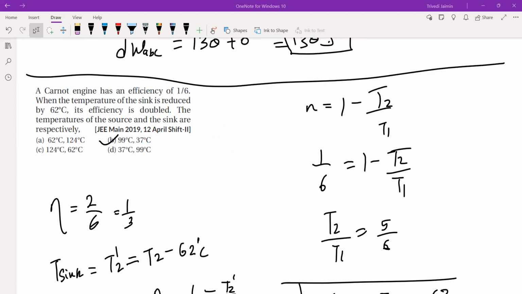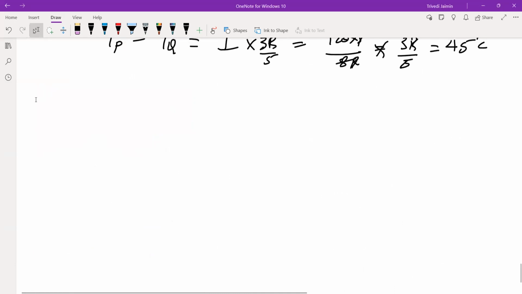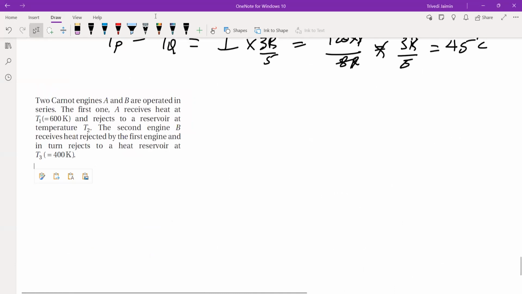No, it's 9th Jan. Okay, let's do this one then. It has some hint also, but we won't see hint. Without hint, we'll do. Okay. Options, right?